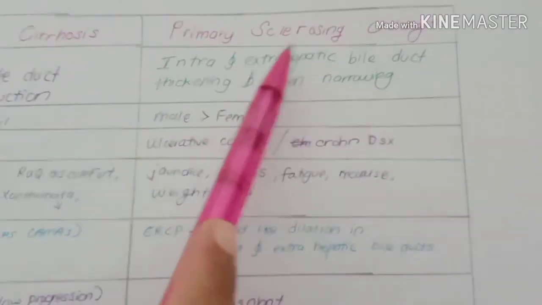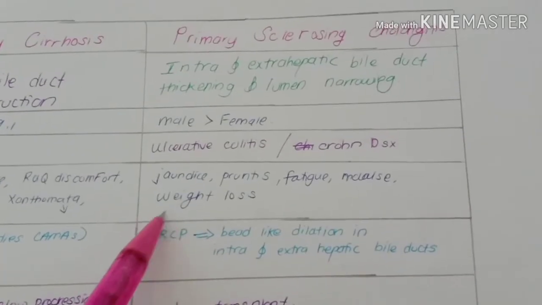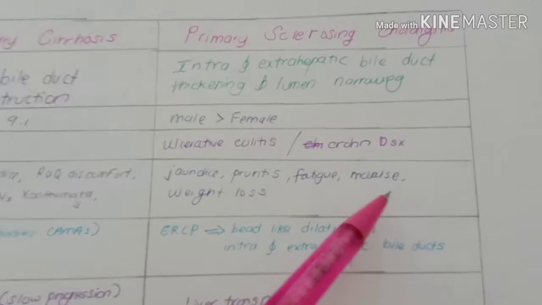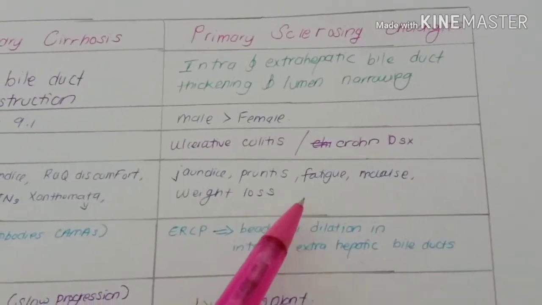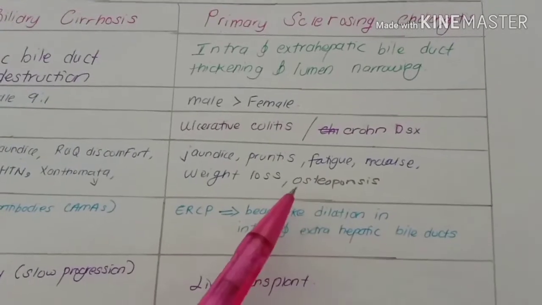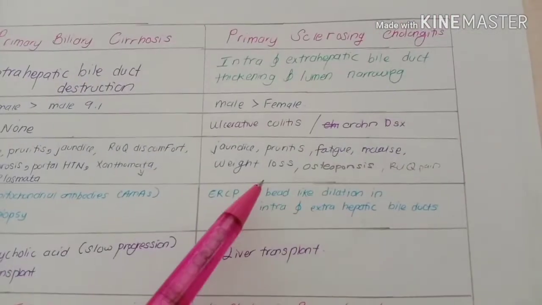For primary sclerosing cholangitis, the symptoms are also the same, which are jaundice, pruritus, fatigue, malaise, weight loss, and we also have osteoporosis here. I have to add that on.